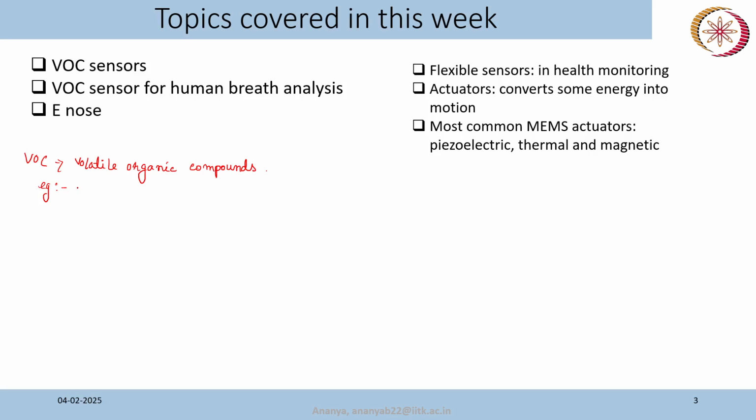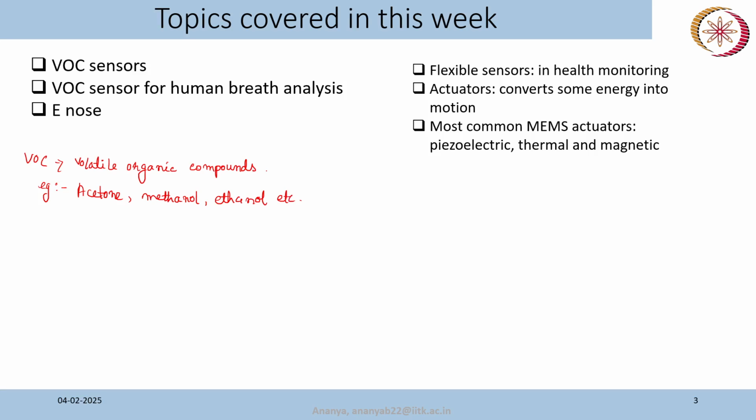Okay, I'm not getting any response. So a few examples of volatile organic compounds are acetone, methanol, ethanol, and there are a few others you can check. These are a few examples of VOCs.